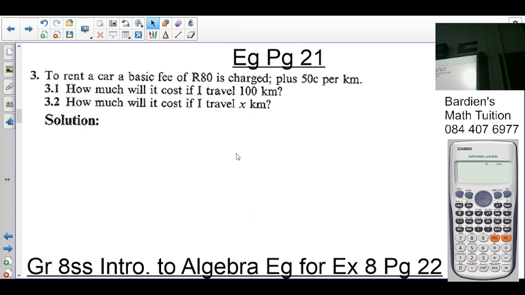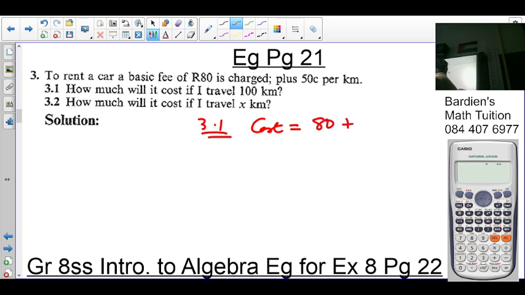To rent a car, a basic fee of 80 Rand is charged plus 50 cents per kilometer. How much will it cost if I travel 100 kilometers? The cost is equal to your 80 Rand plus 100 times 50. But remember, that is in cents and this is in Rand.